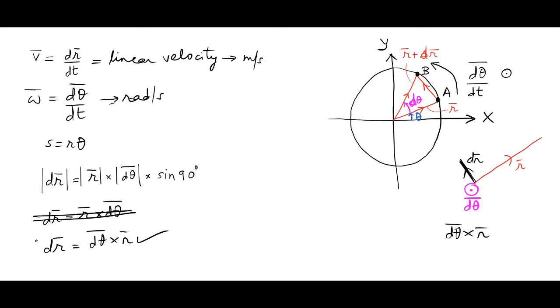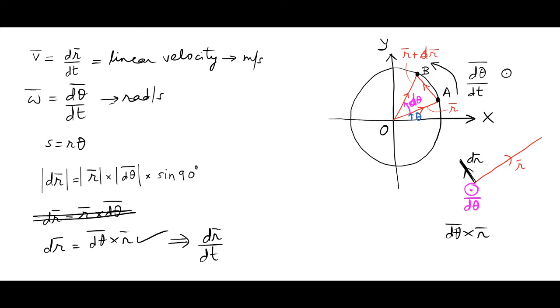Dr bar is the displacement from A to B, the straight line displacement. D theta bar is the corresponding angular displacement. R bar is the original position vector drawn from the origin O to A. Now if I divide both sides by dt, the small time interval in which this displacement happens, I get dr bar upon dt on the left hand side.